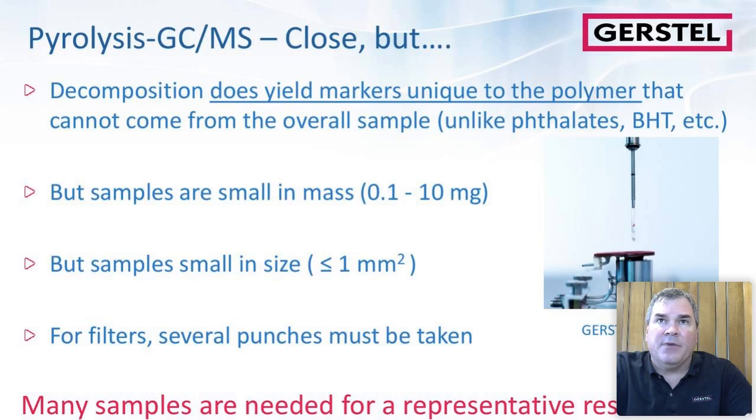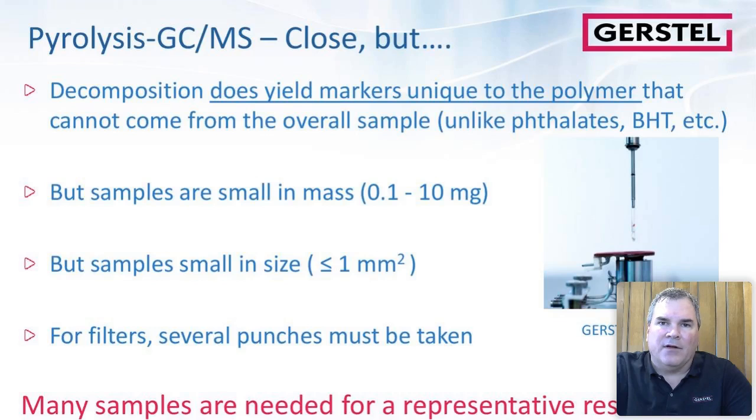And it gives you some other things as well. You can do two-step pyrolysis, for example, to try to get some of the other stuff, some of the polymer additives like BHT or phthalates. The downside to pyrolysis, and as someone who's done pyrolysis in his professional career for about 25 years, I often joke the ideal sample size for pyrolysis is one you can barely see.